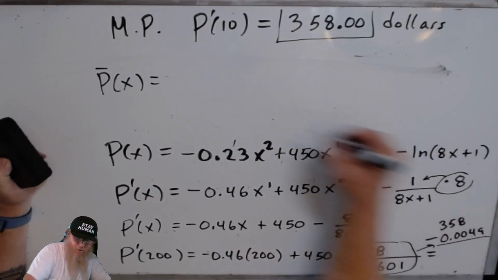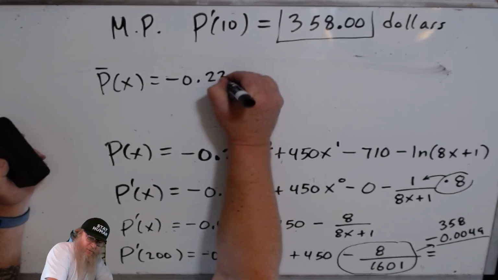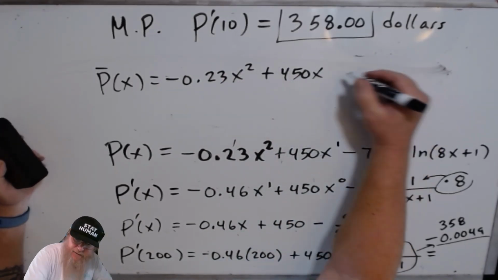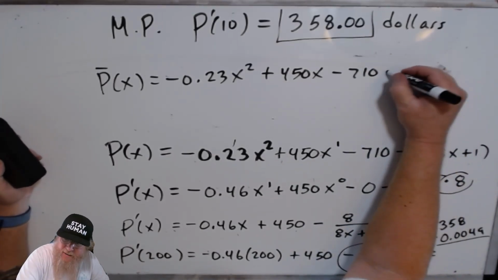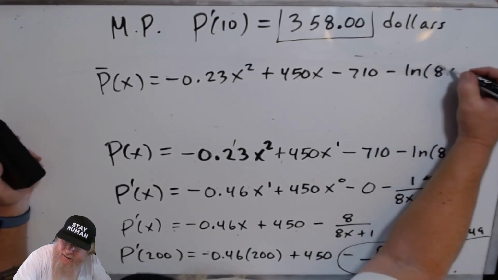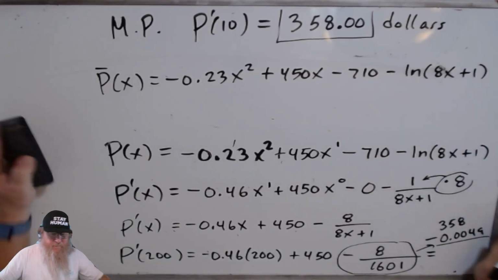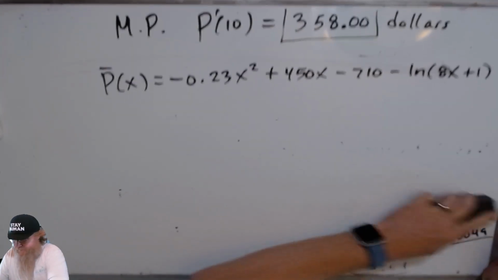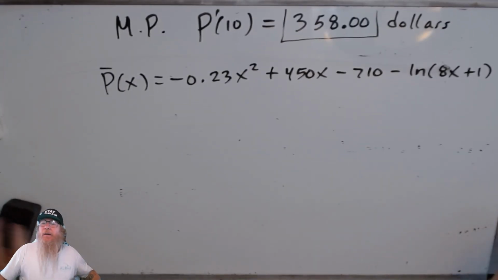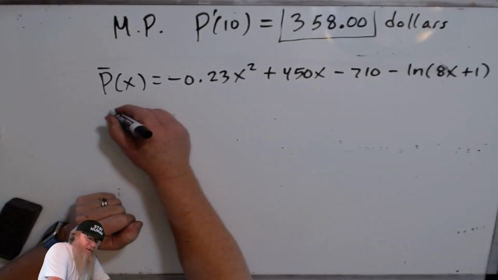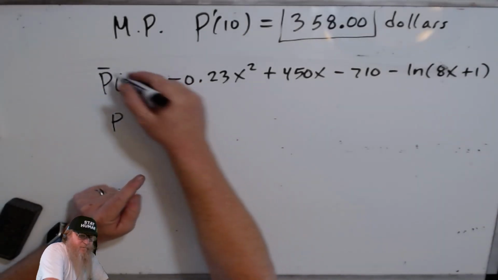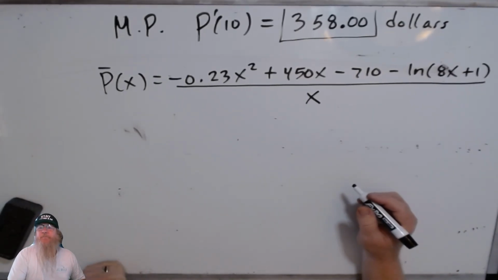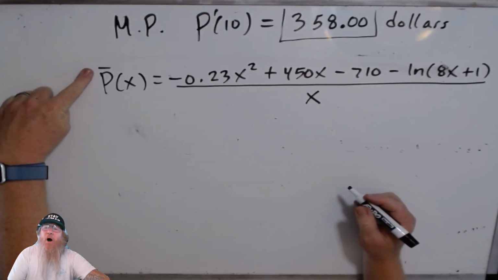I got to copy this whole thing down again. 0.23x squared plus 450x minus 710 minus ln 8x plus 1. All right, and so now I want, oh, shoot. That's not the average yet. I got to divide it by x. Okay, now it's the average. It's got the hat or the bar, so that's the average.